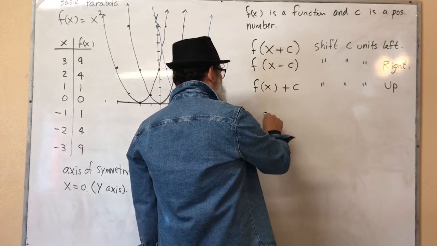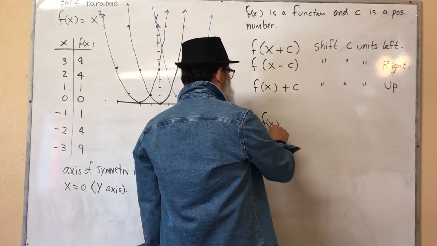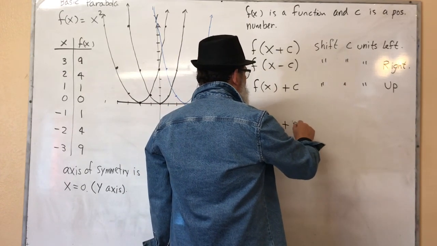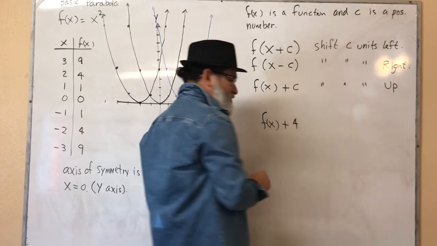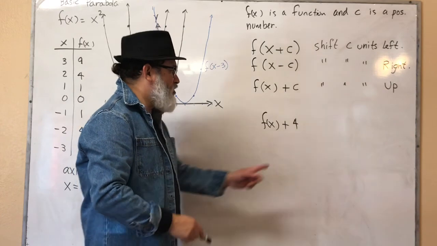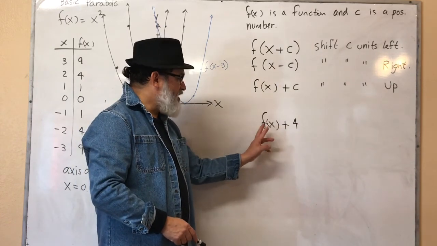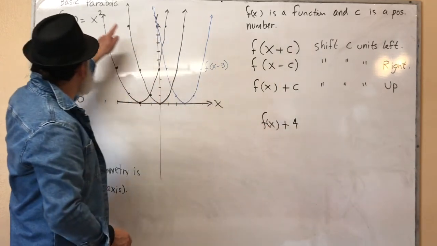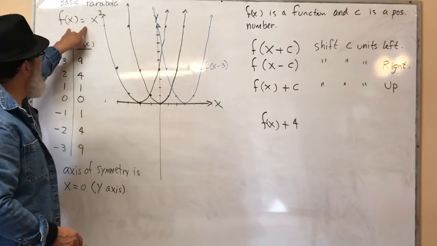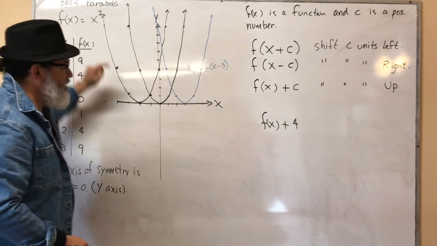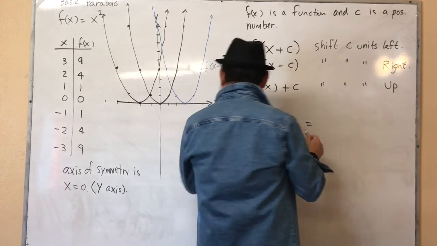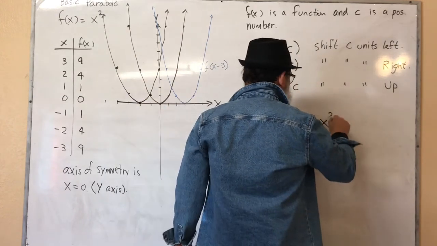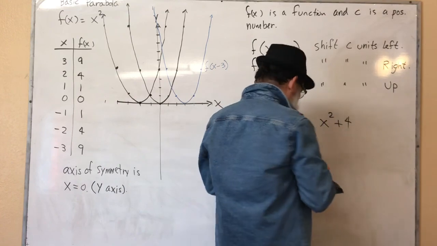Take for example f of x plus 4. Note, I'm adding 4 to the function. If the function is the basic parabola, f of x is x squared plus 4.